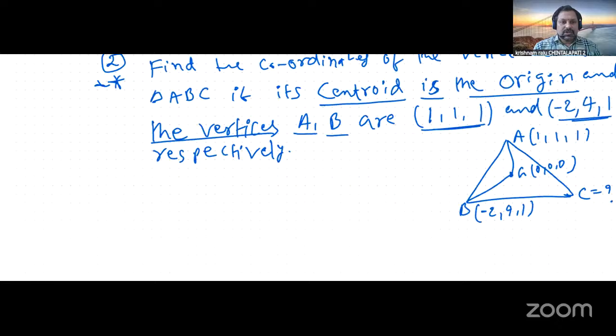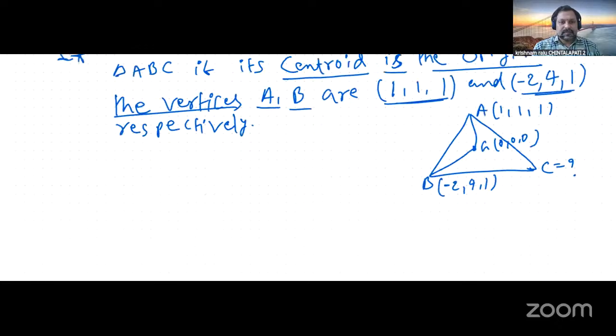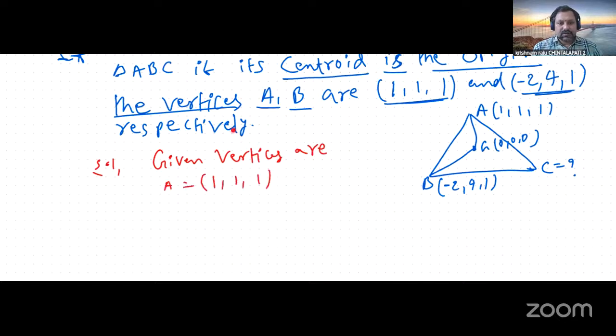Solution. The given vertices are A equals (1, 1, 1), treat as x1, y1, z1, and B equals (-2, 4, 1), treat as x2, y2, z2.